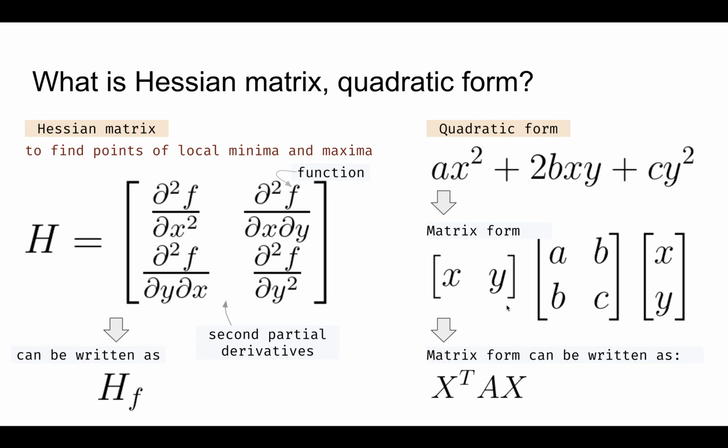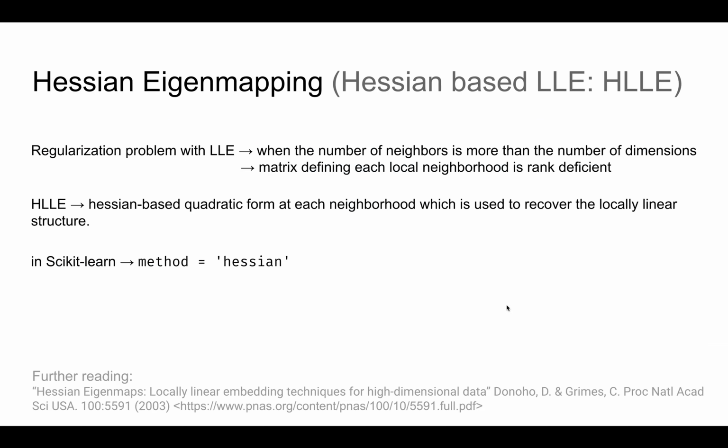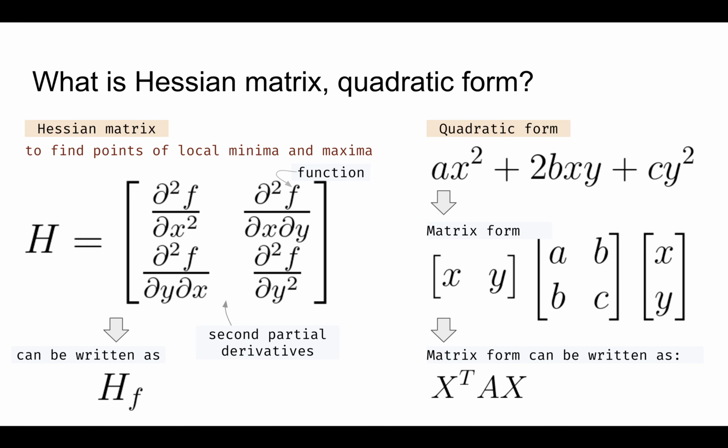So the Hessian eigenmapping, as we saw in the Hessian matrix, uses the second order partial derivatives to record the locally linear structure. I know that this is not quite in depth, but just to give you an idea of what Hessian eigenmapping is, this is what I've tried to explain.